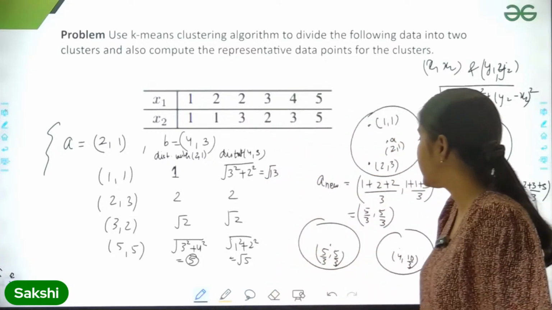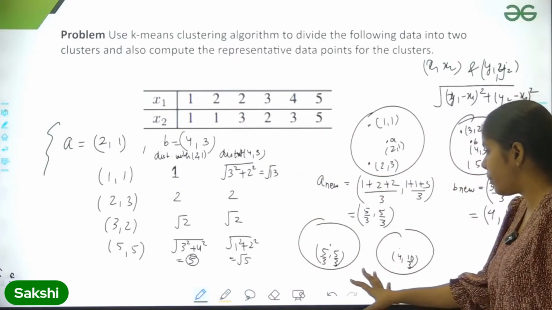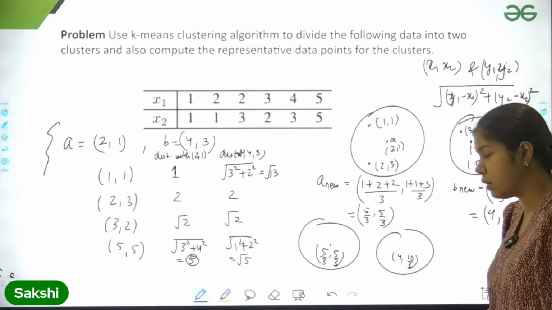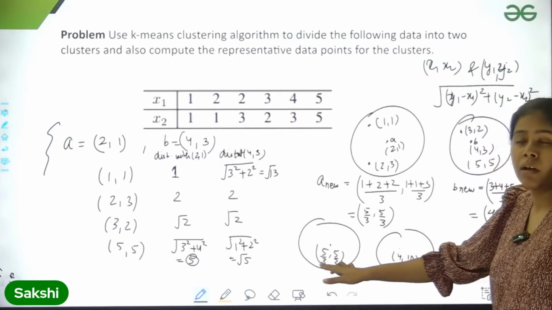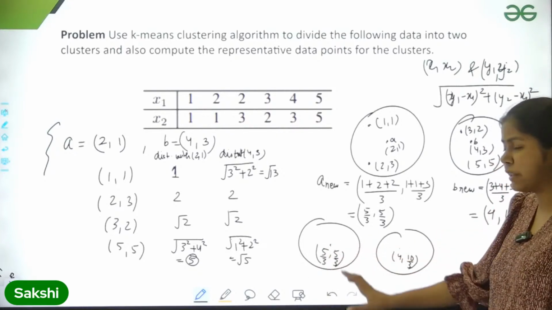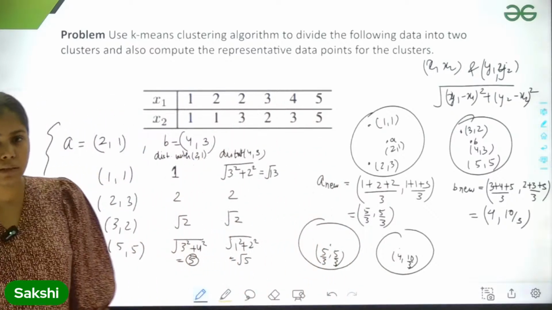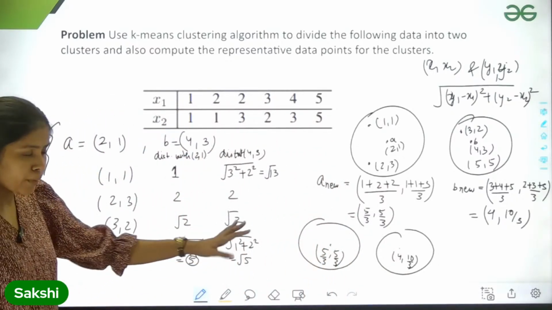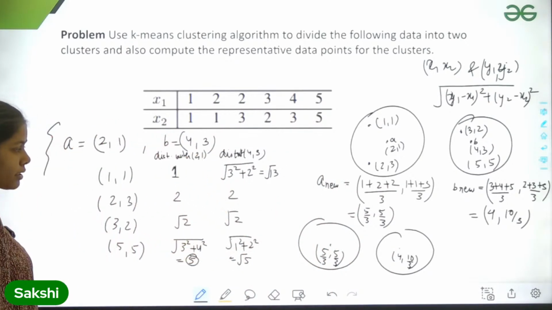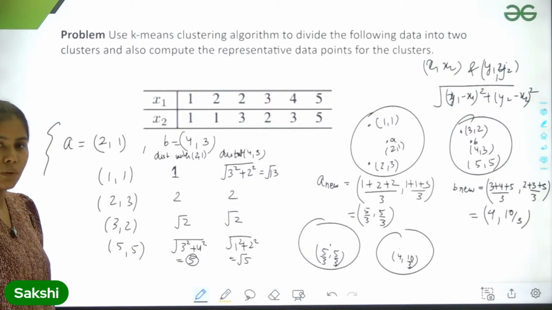So let me know if there is any confusion in the calculation. I'm not doing it because it would get into decimals, since 5 by 3 is something like 1.6, and I do not want to find distances in decimals.